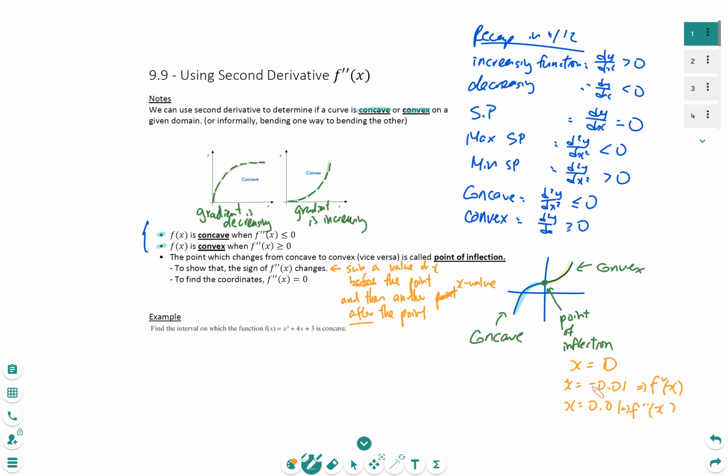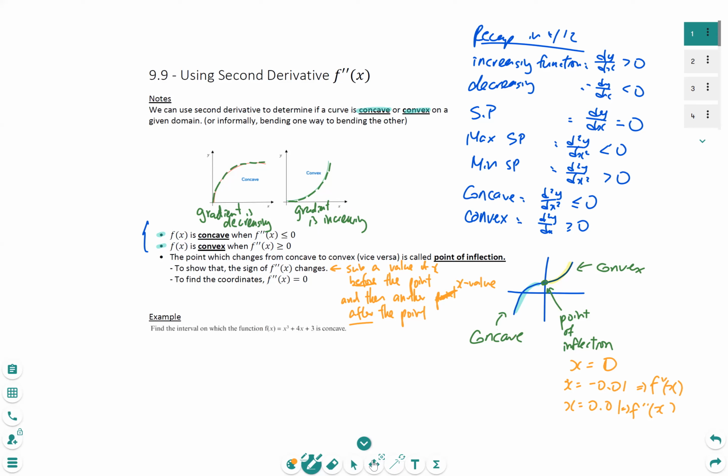That means when you sub in negative 0.01 before the point, the second derivative should be less than or equal to 0. Whereas when you sub in 0.01 after the point of inflection, your second derivative should be greater than 0. So that shows the change in sign. If the sign doesn't change, it means it's not a point of inflection. To find the coordinates, you simply set the second derivative equal to 0.